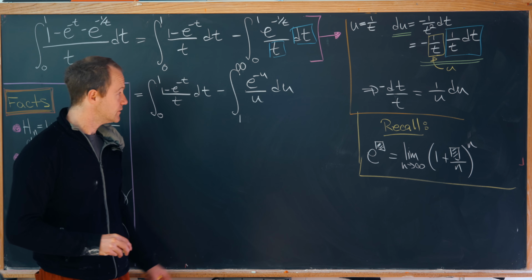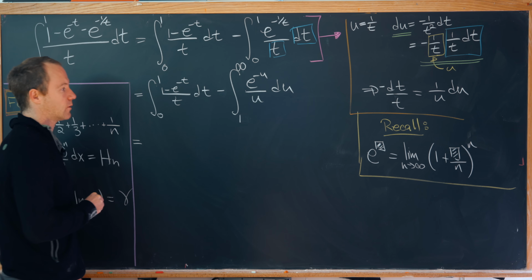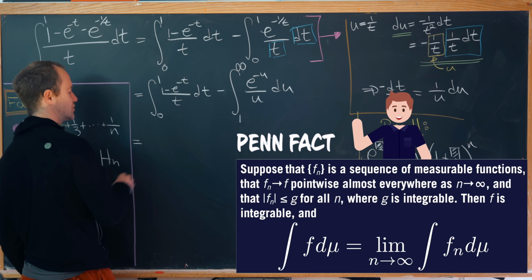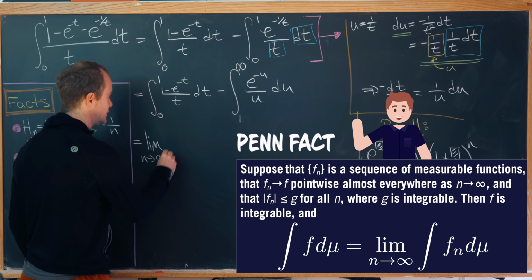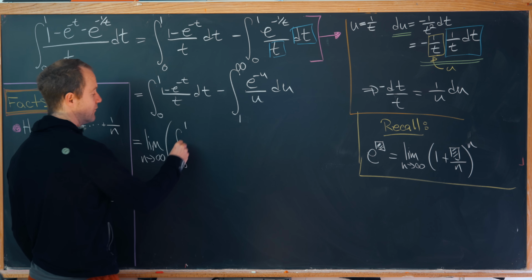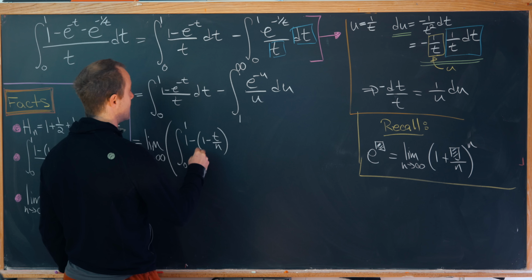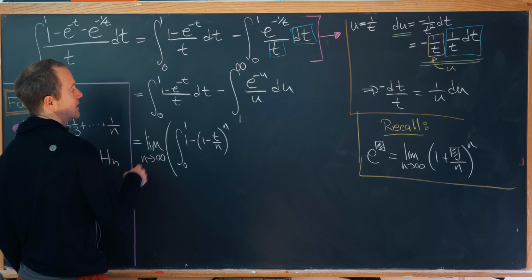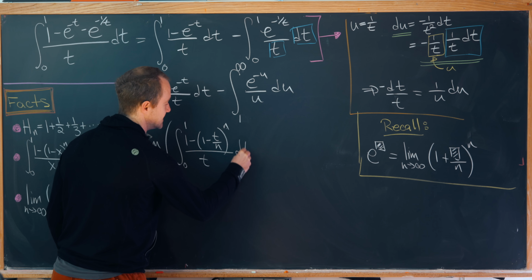I want to use that for both of these integrals, along with the dominated convergence theorem in order to exchange the order of integration and the limit. So now we'll have the limit as n goes to infinity of our integral from 0 to 1 of (1 minus t over n) all to the n power. Again, we replaced the box with minus t here, and this is all over t dt.